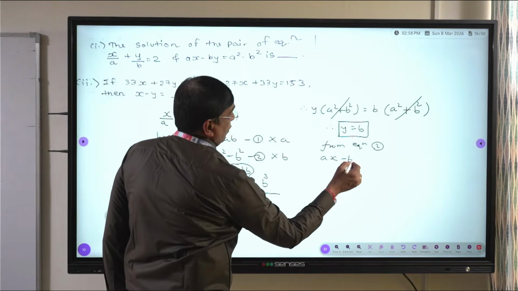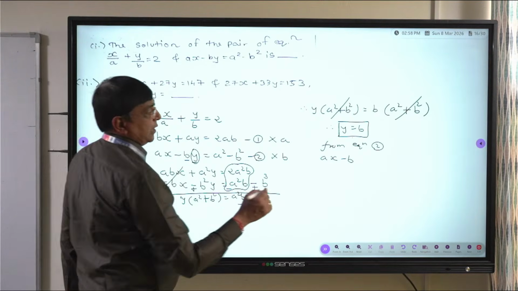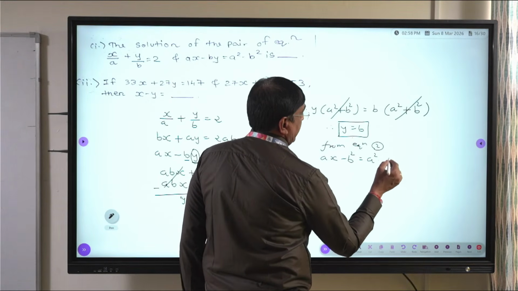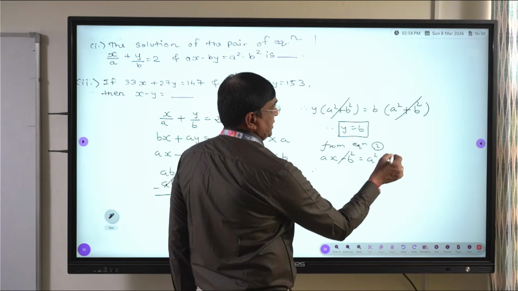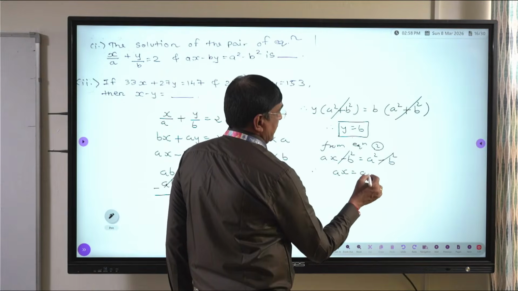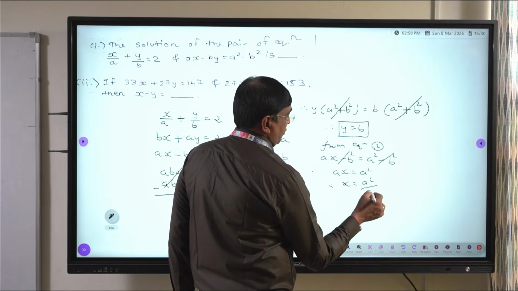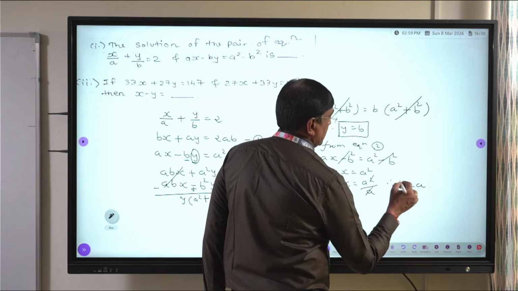We already found the value, that is b. So b into b, that is b square, equals a square minus b square. From both the sides, minus b square cancels. ax equals a square. Therefore, x equals a square upon a, a cancels. And so x equals a.